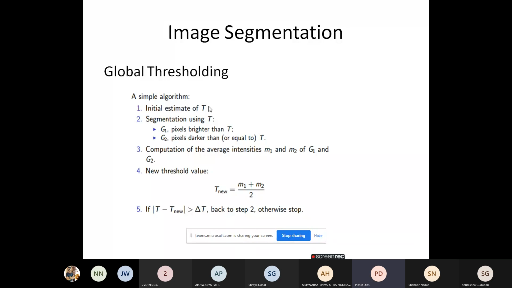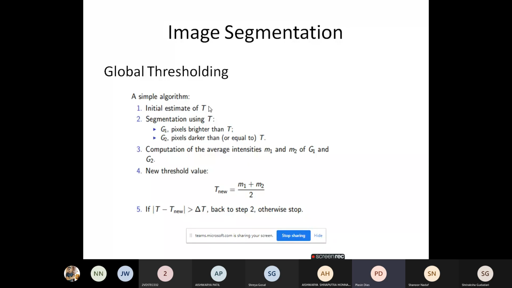So we had seen a basic global thresholding algorithm. Why do we use the term global here? See, remember, whenever the intensity distributions of the object and background pixels are sufficiently distinct, then it is possible to use a single, the same threshold, applied over the entire image, which we call global.